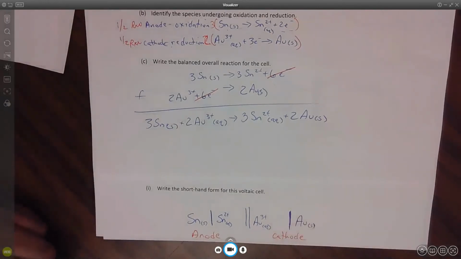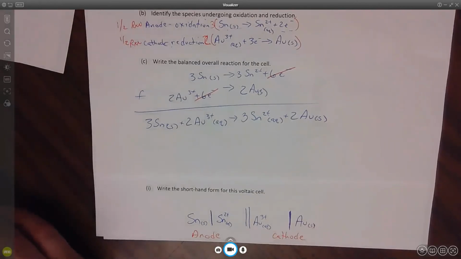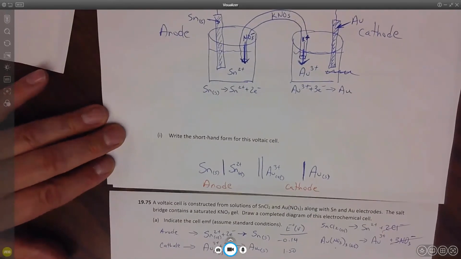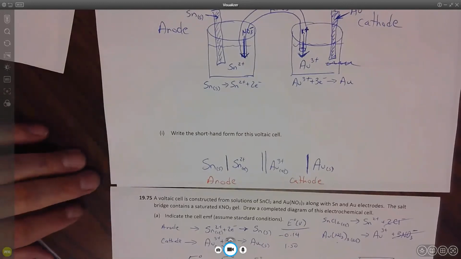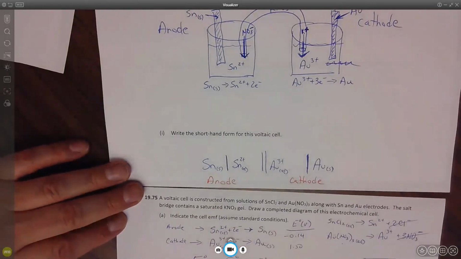Okay. Now there's something else that we sometimes have to add to these shorthand representations. Does anybody remember what that is? So normally we put the concentrations beside the aqueous solutions, right?